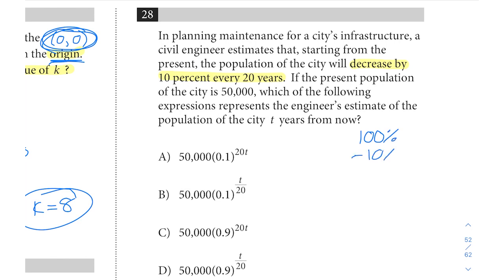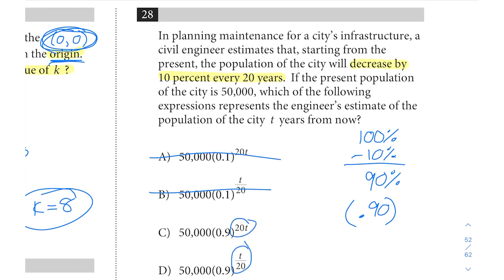Remember, every percent change that you have is always relative to 100%. So a decrease of 10% means that your remaining amount would be 90% of your original, which is equivalent to saying that you're multiplying it in decimal form by 0.90. So with that alone, we can confidently eliminate A and B on this.